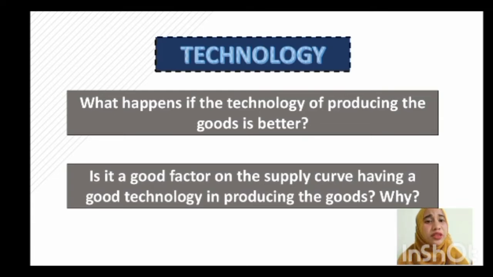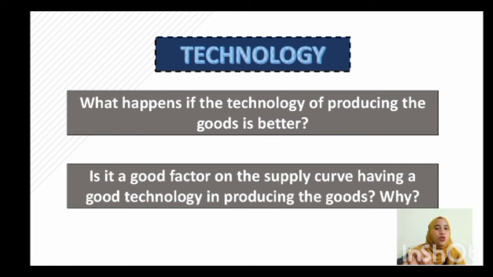First, we go to these four factors. We have to go to the technology. What happens if the technology of producing the goods is better? For example, if you have to produce this kind of medicine and your technology is much better than other pharmaceutical companies producing this medicine, what will happen to your company?